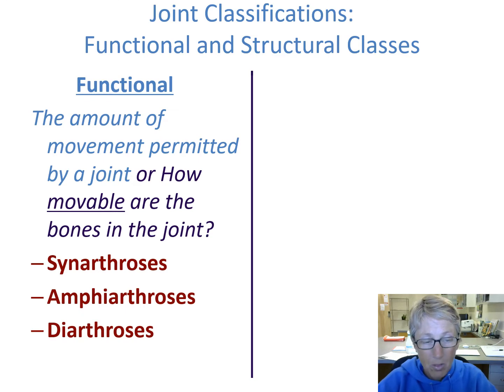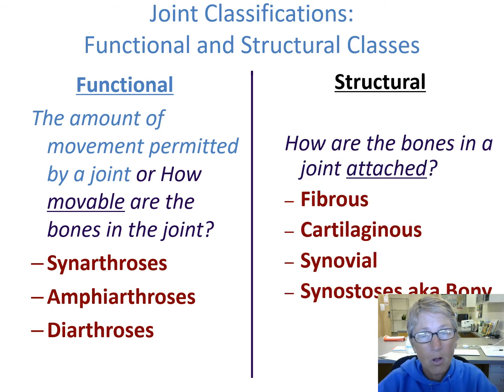For this lecture, we're going to be talking about the functional category diarthroses. You can also classify joints structurally, so that's how the bones are attached in a joint. The subcategories of structural joints are fibrous, cartilaginous, synovial, and synostoses. And in this lecture, we're going to talk about synovial joints.